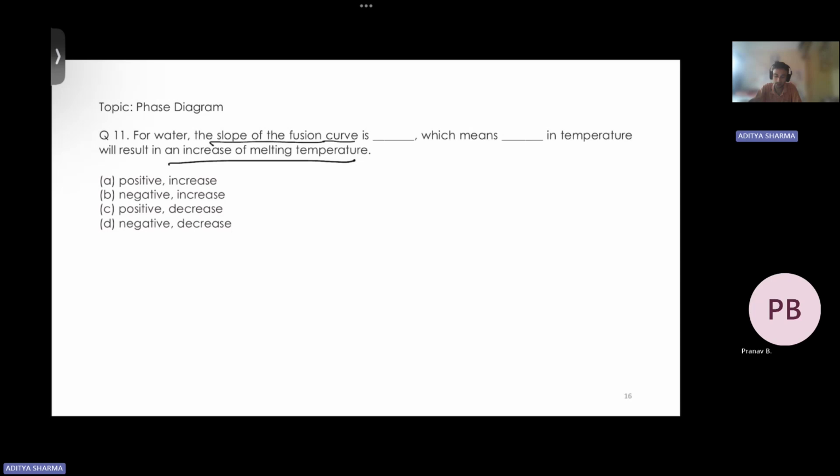So to increase the melting temperature, there should be an increase in temperature for the fluids where the slope of the fusion curve is positive. But in case the slope of the fusion curve is negative, the decrease in temperature will result in an increase of melting temperature. So option D will be correct.